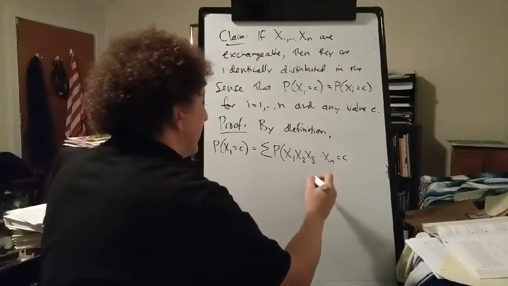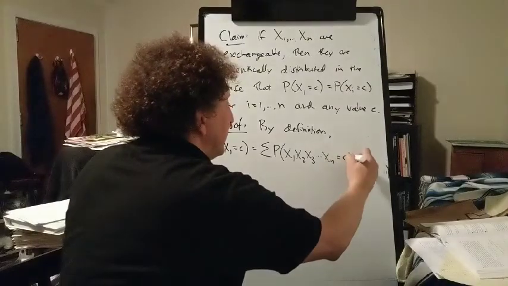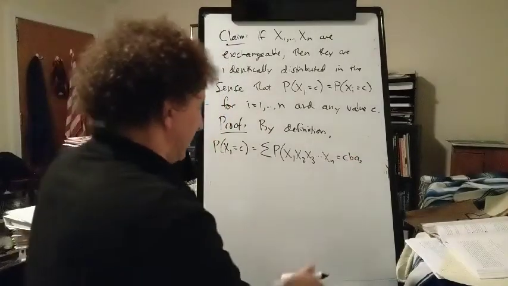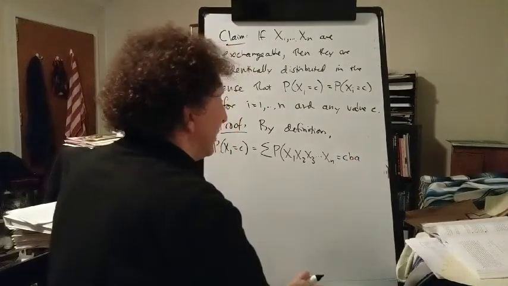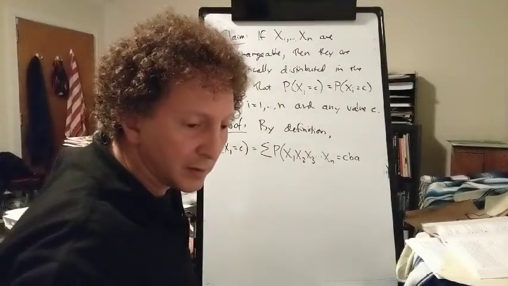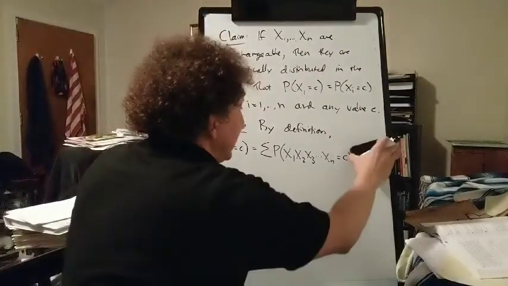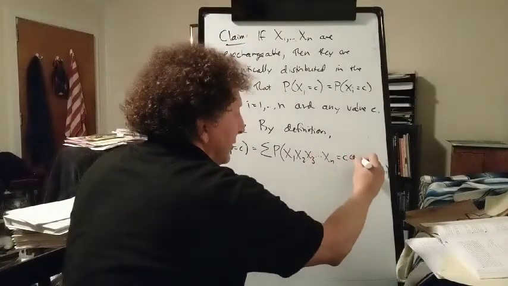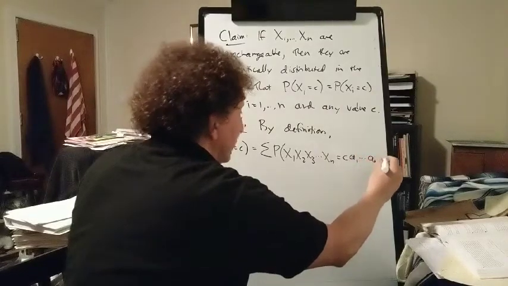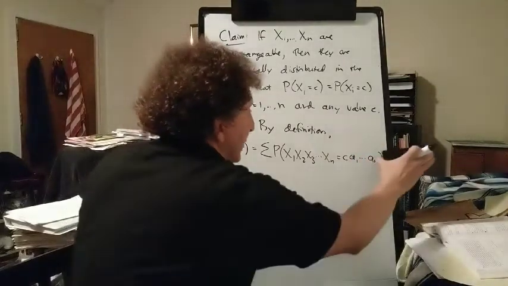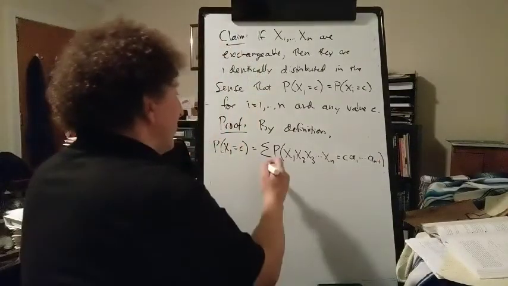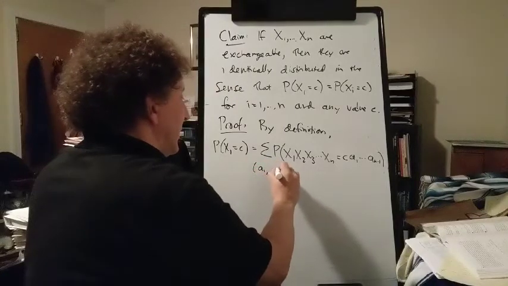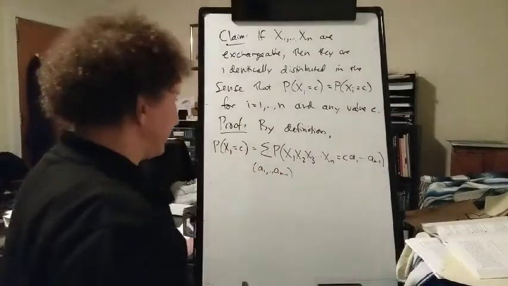And then x2, let's say, is going to be b, and x3 through xn are going to be, actually, I'm not going to use a b here. So we have n minus 1 other values. I'm going to call them a1 through a n minus 1. And let's sum over all possible collections of a1 through a n minus 1. We're going to leave the c fixed.